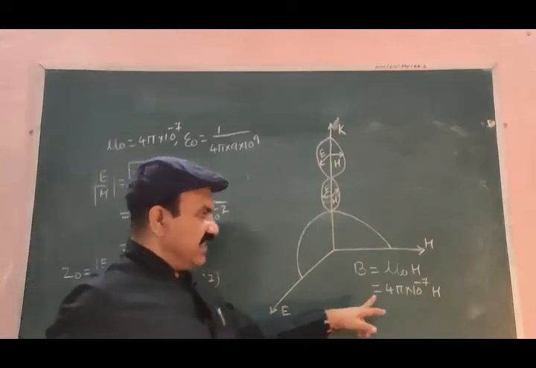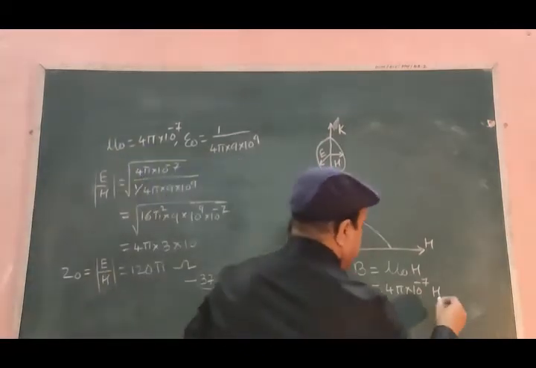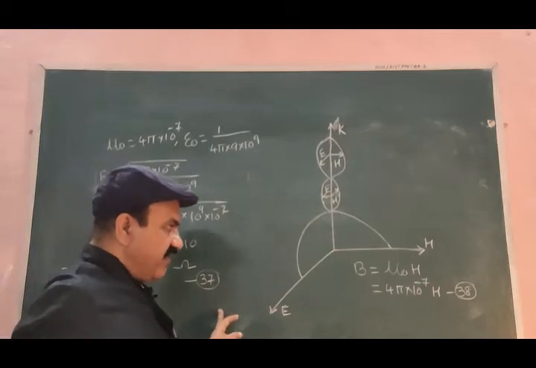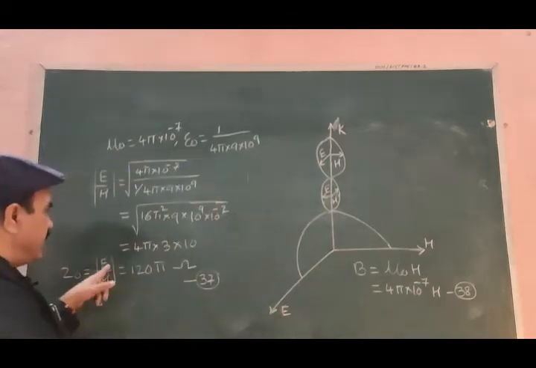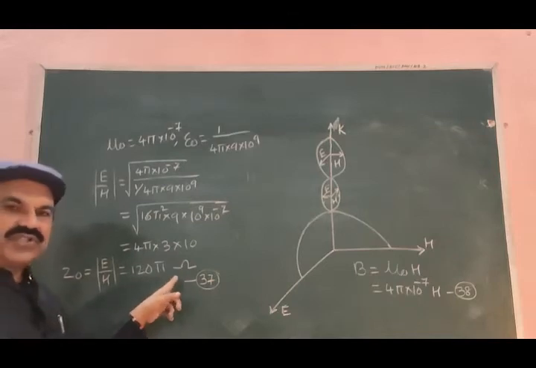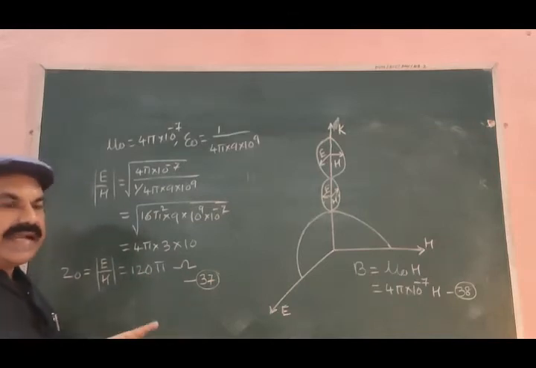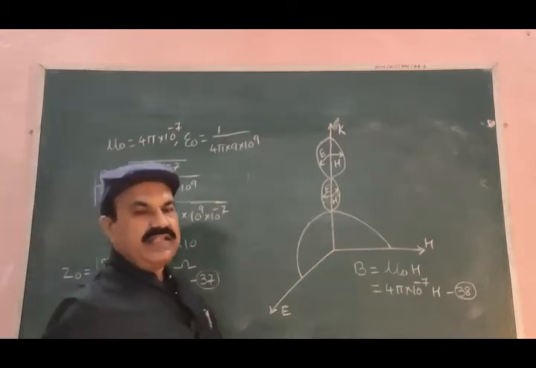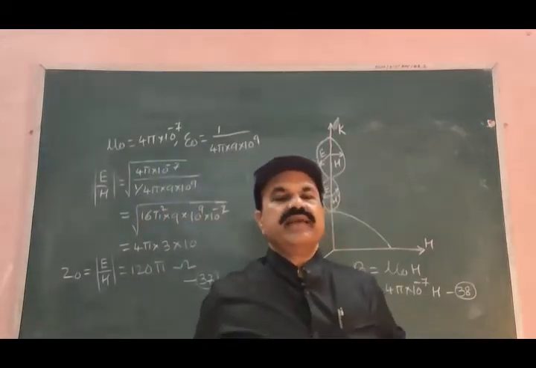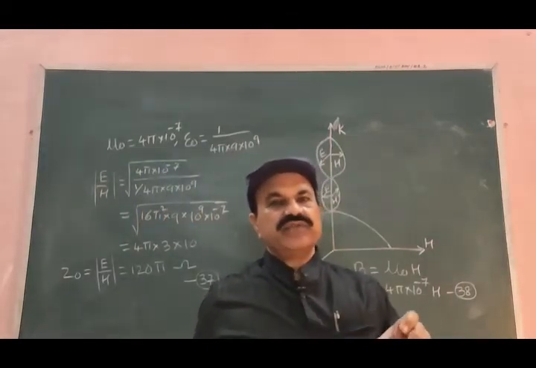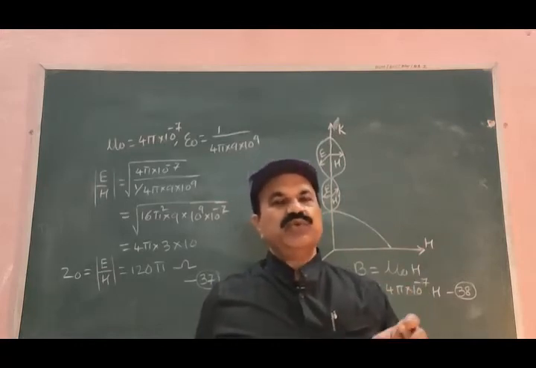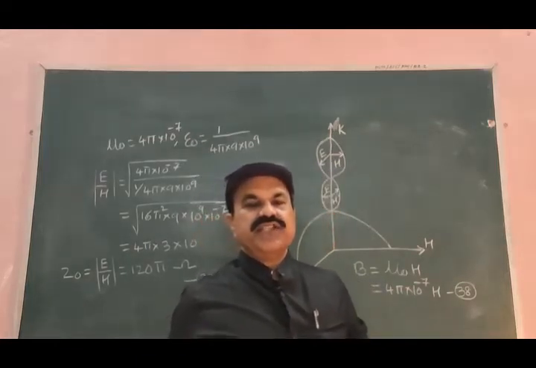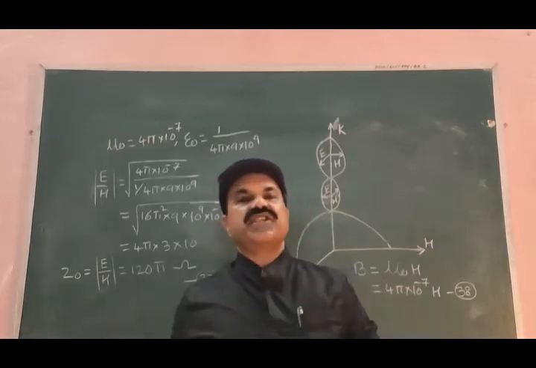Let me write this equation as equation number 38. From equations 37 and 38, we find that E by H is a positive quantity, a large number, and therefore E must be greater than H. It means that when we find the ratio of the electrical component E to the magnetic component H in a plane electromagnetic wave, this ratio comes out to be a positive large number.